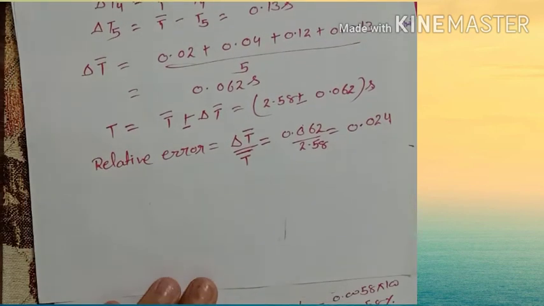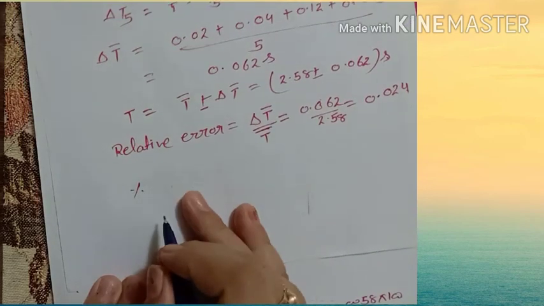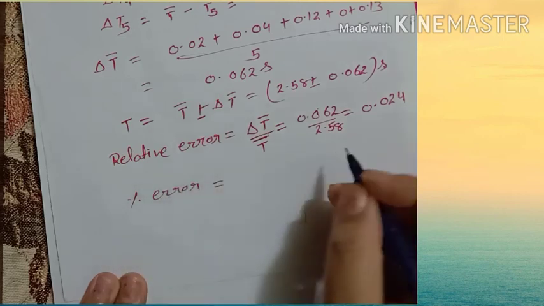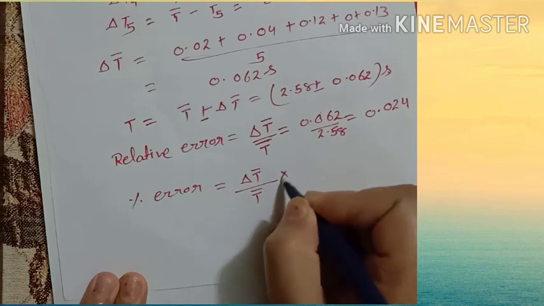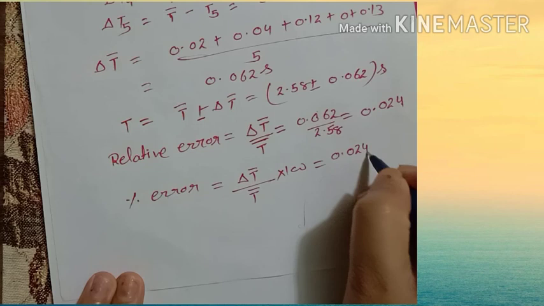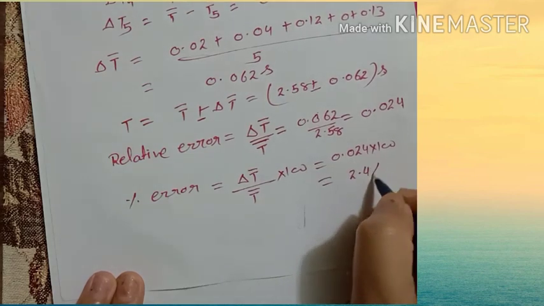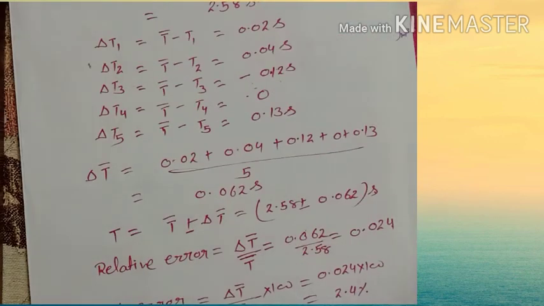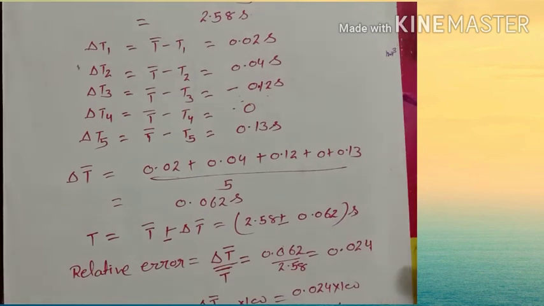This is the relative error. Right, and then percentage error: delta t bar divided by t bar into 100. So this will be equal to 0.024 into 100. This will become 2.4%.